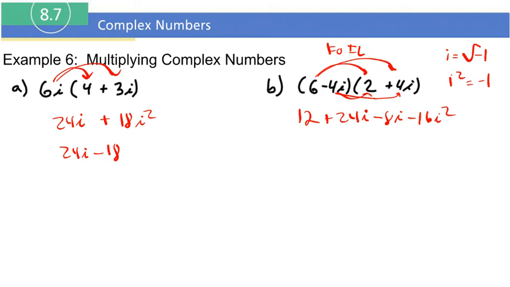All right, so let's do some cleaning up here. I'm going to drop the 12 down, but I can go ahead and combine these guys together, right? 24 minus 8i is going to give us a 32i. Oh, no, wait a minute, that's a negative, so we're going to subtract there.